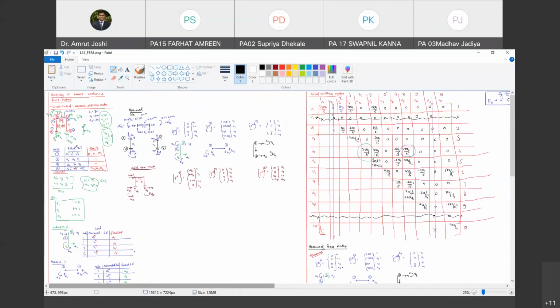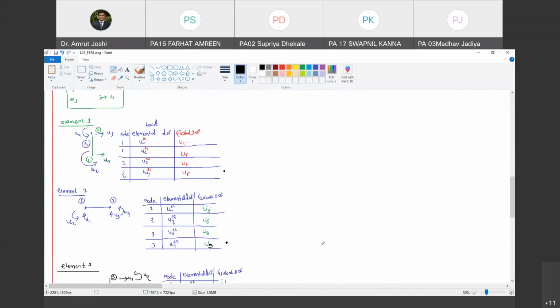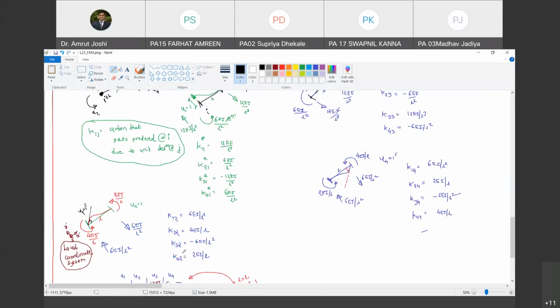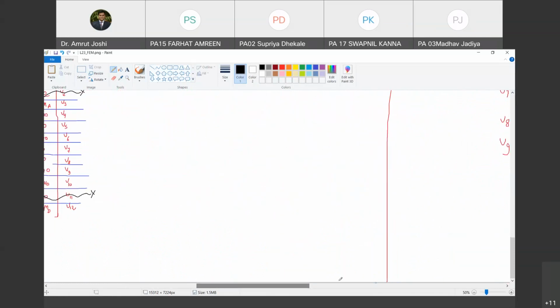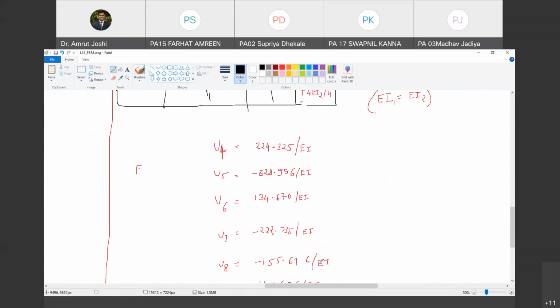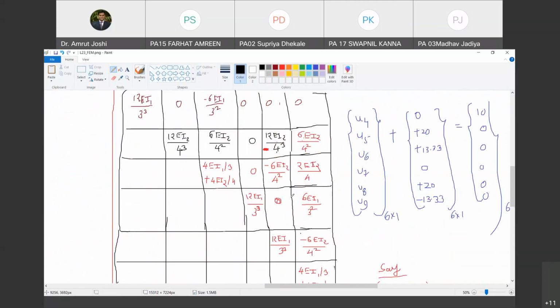Just a second. U7 and U4 were delta, right? U7 and U4 were deltas. Okay.